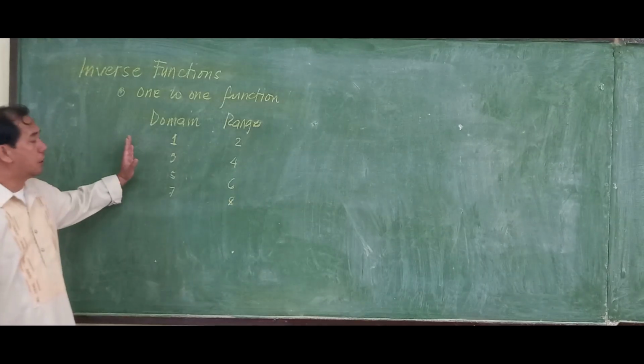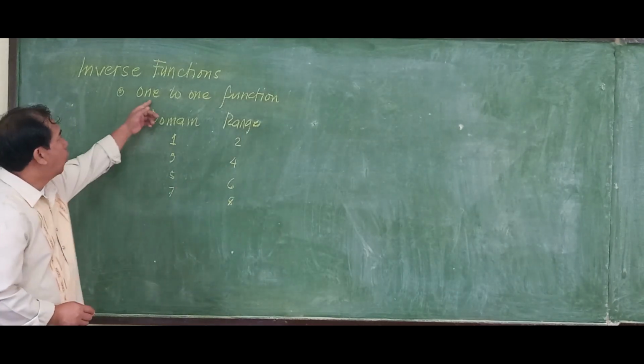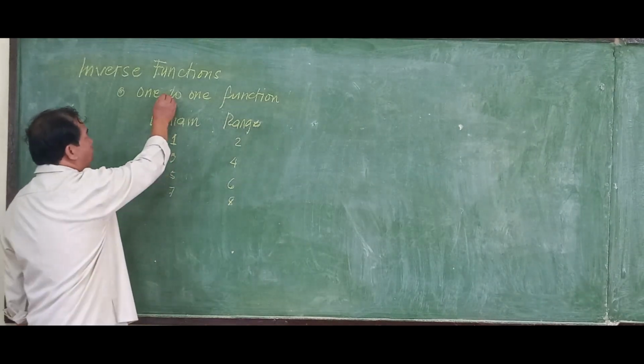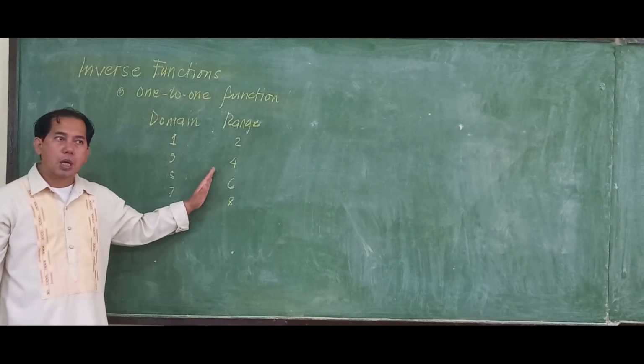Now, I have here a representation of a function wherein there is a one-to-one correspondence, meaning one-to-one pairing.